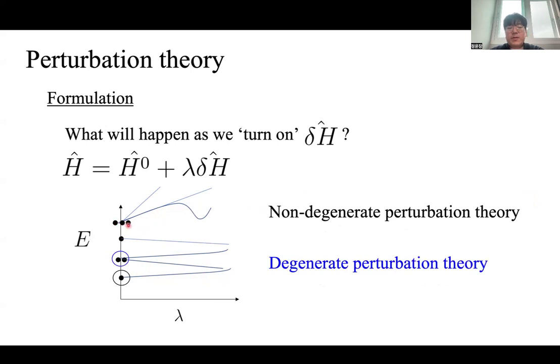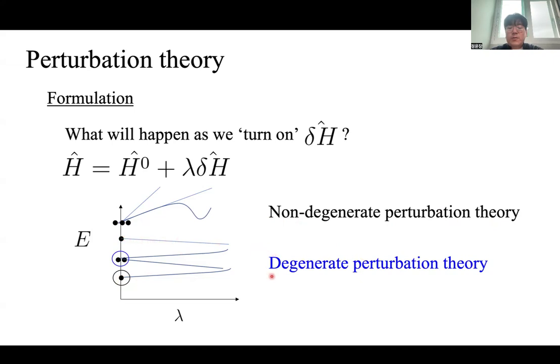Depending on the situation that we start with, there are two types of perturbation theory. There's something called non-degenerate perturbation theory. Remember what degeneracy was: whether I have other states with the same energy. Non-degenerate perturbation theory corresponds to the case where I start off from one state, I don't have anything that's degenerate with it, and I'm solving perturbation theory for that situation.